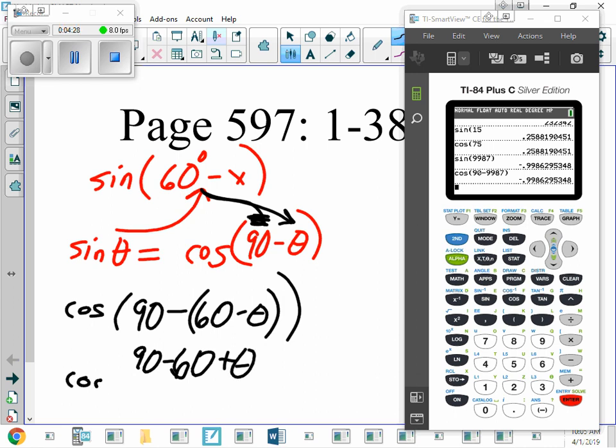So the cosine of 30 plus x. Do you want to see another one of those? Yeah, they're kind of confusing.